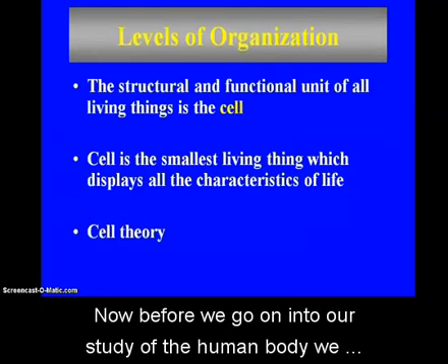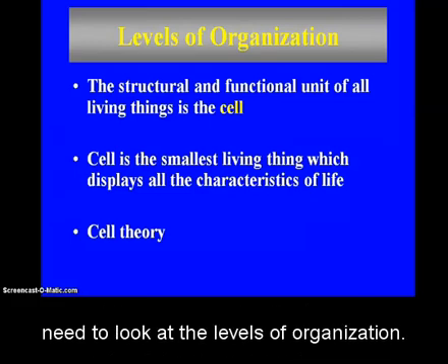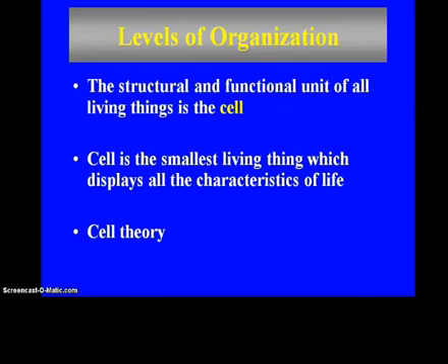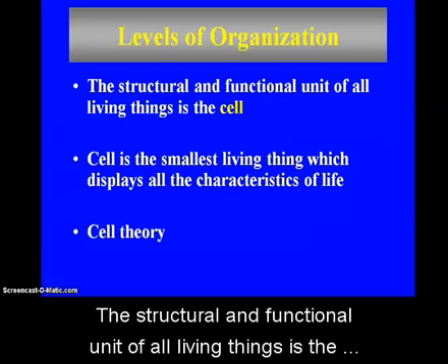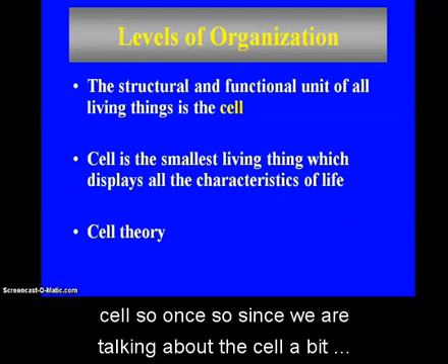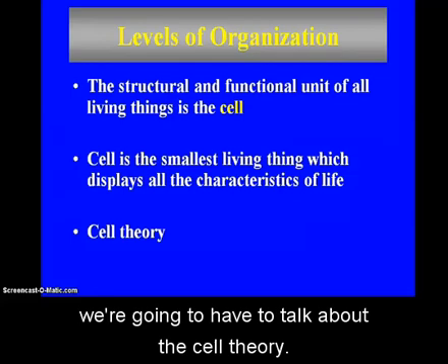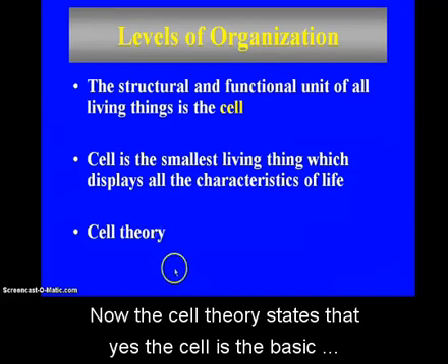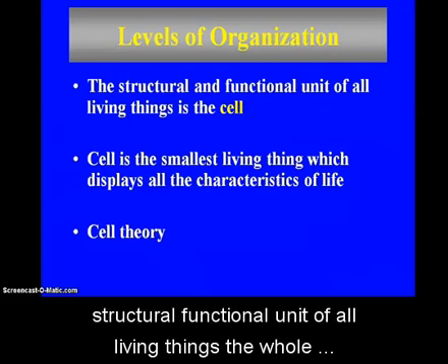Now, before we go on into our study of the human body, we need to look at the levels of organization of the body. The structural and functional unit of all living things is the cell. Since we are talking about the cell, we have to talk about the cell theory. The cell theory states that the cell is the basic structural and functional unit of all living things.